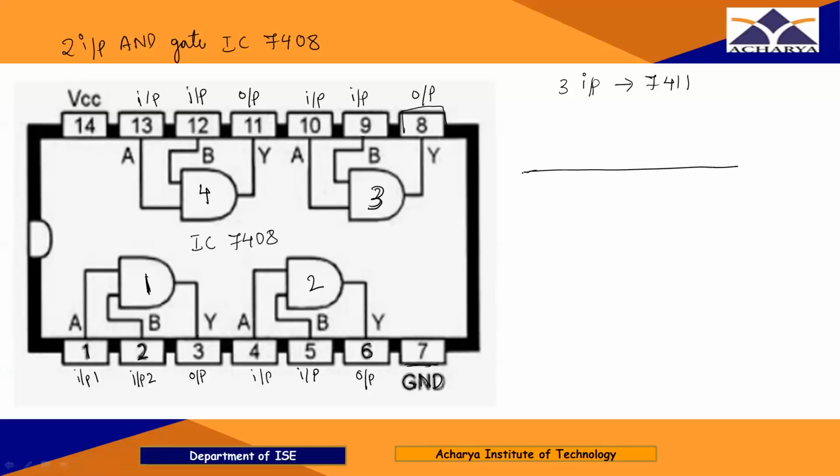Always the U shape should be in this direction, and this is the IC I'm going to draw here. 1, 2, 3, 4, 5, 6, and 7.